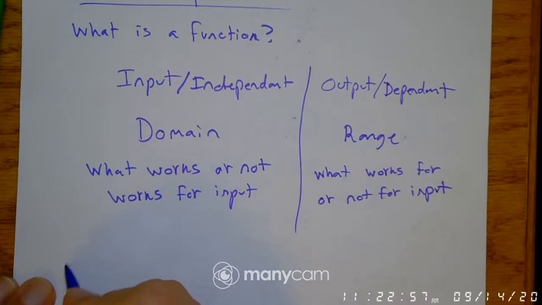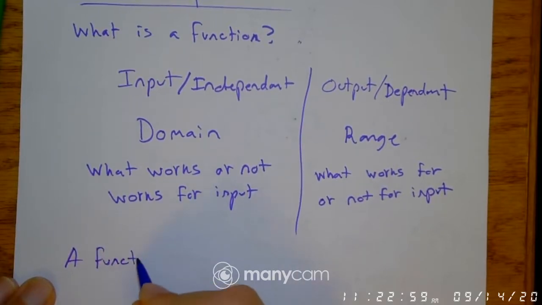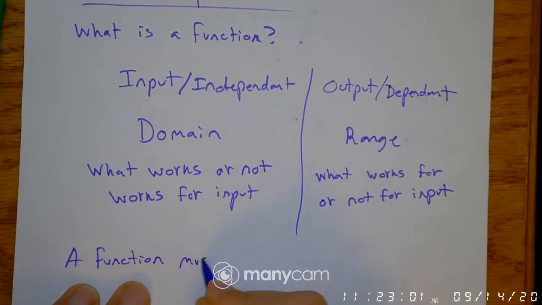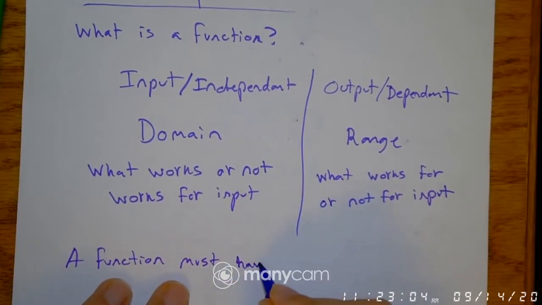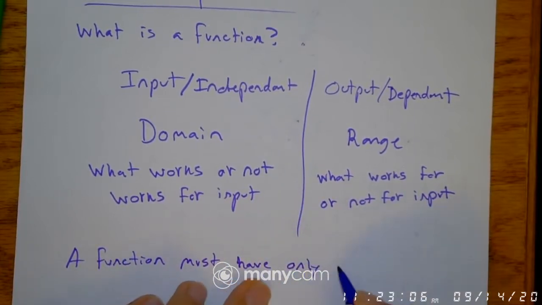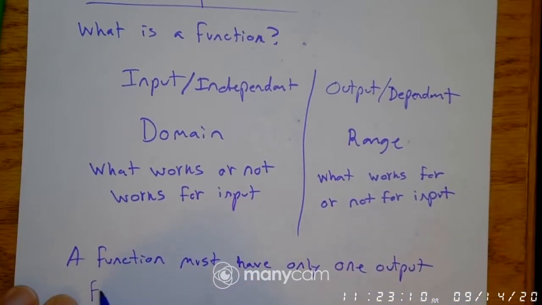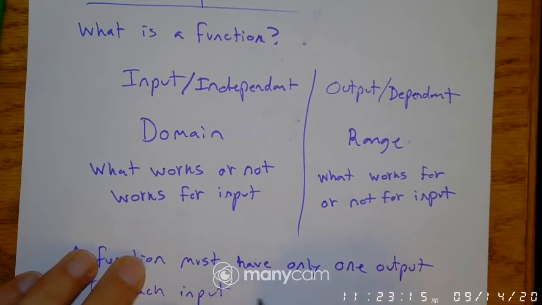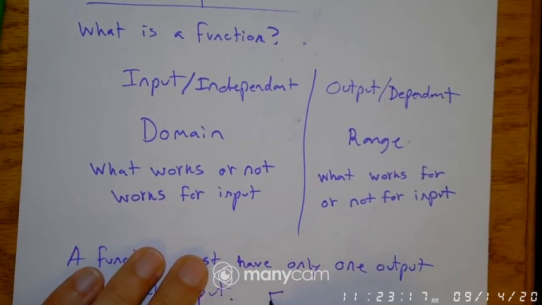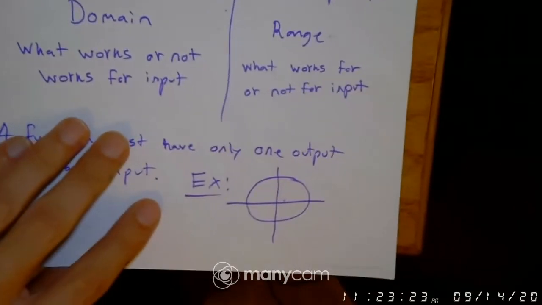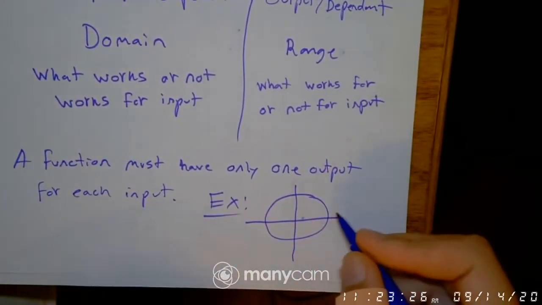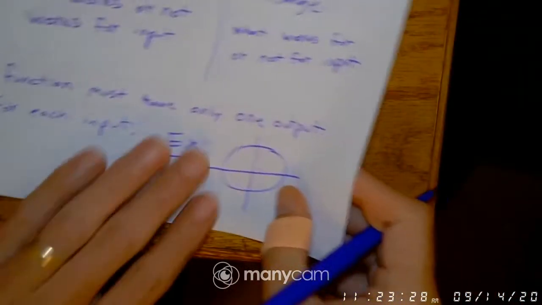Another thing, note that a function must have only one output for each input. For example, is a circle a function?